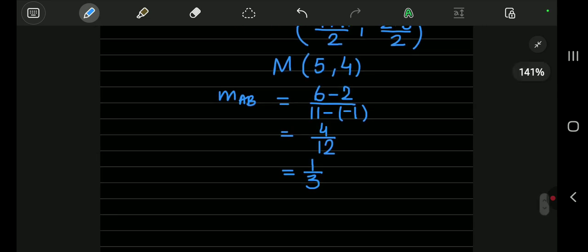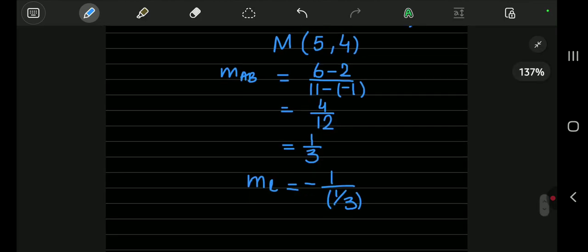So the slope of line L, I told you, is going to be the negative reciprocal of 1 over 3, the slope of line AB. So it will give you -3. This is the slope of line L.